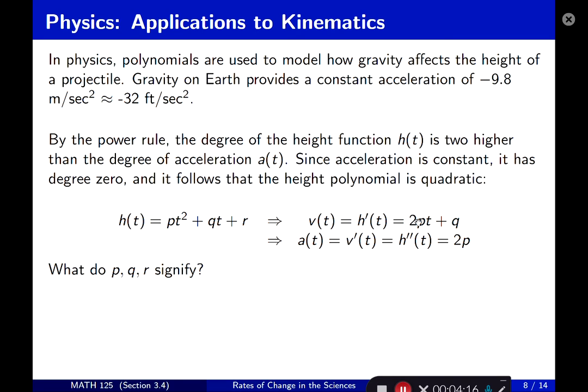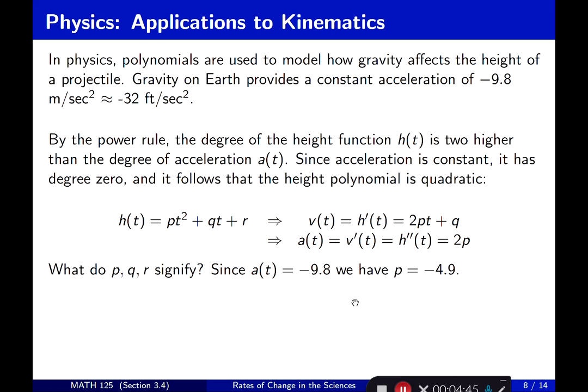Then a of t is the derivative of v of t, and here q is a constant by itself, so 0. 2pt gives just 2p, a constant coefficient times the derivative of t, which is 1. So 2p is going to be equal to negative 9.8.